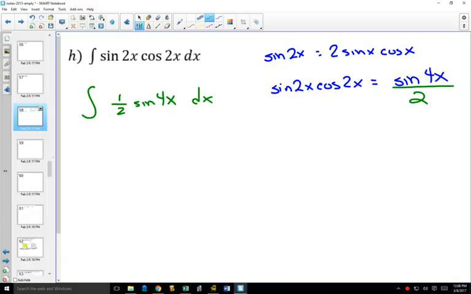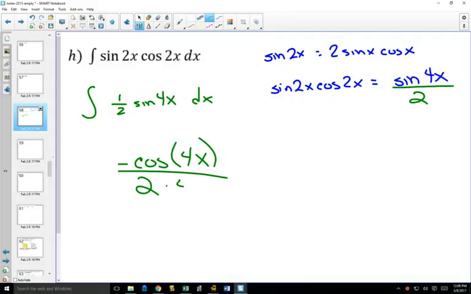How do we do integrals of the form ax plus b? Well, what is the integral of sine? What would I have had to have originally to have an integral of sine? I would have had to have negative cos. I would still have this 1/2 out front, but what did we have to do when we had a coefficient like this 4 inside?